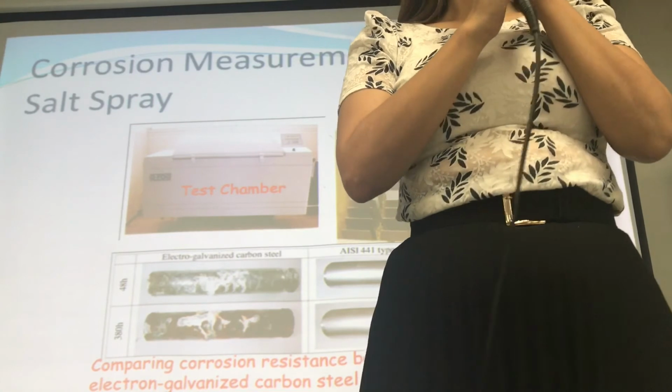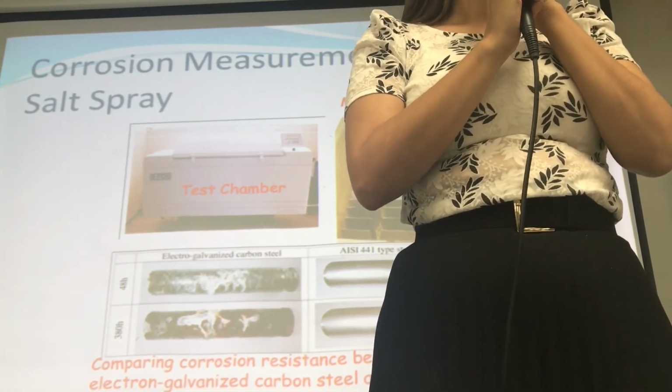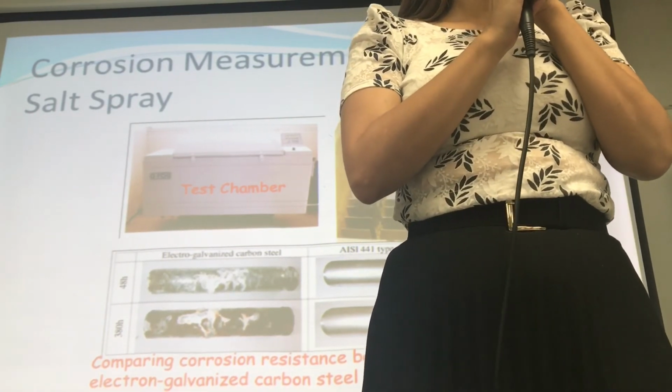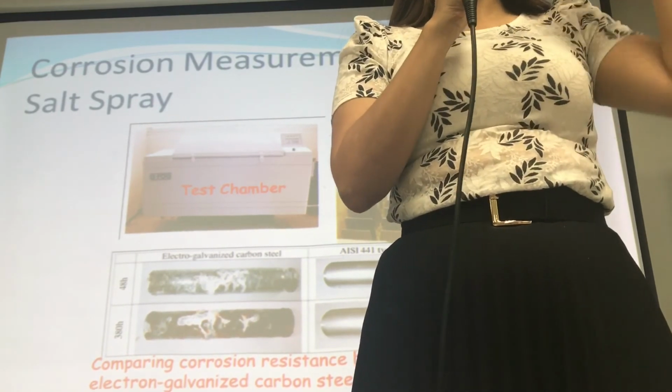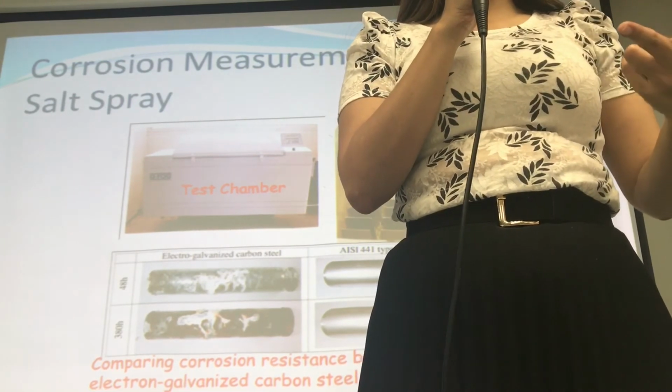In this chapter, what we have been trying to do is explain corrosion. First we talked about the importance of corrosion. Second, we talked about reactions that involve oxidation and reduction, and we talked about anode and cathode.